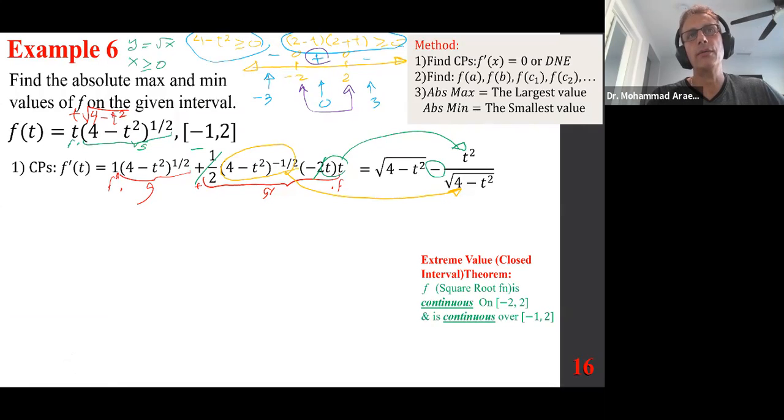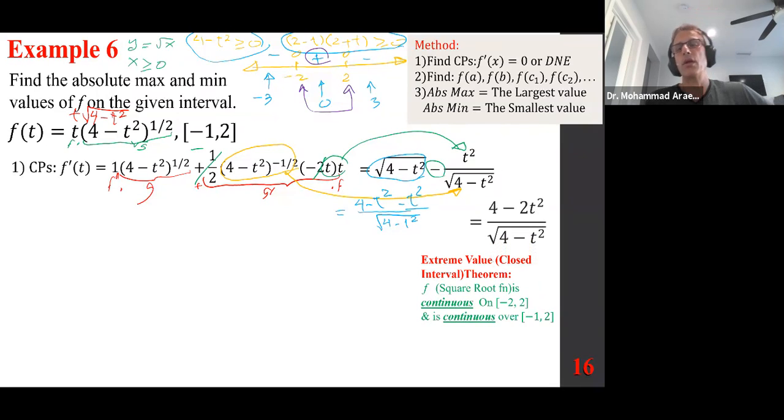So right now, if you take square root of 4 minus T squared as a common denominator, this guy gets multiplied by that and it becomes 4 minus T squared. And the second one, you just write it as minus T squared.